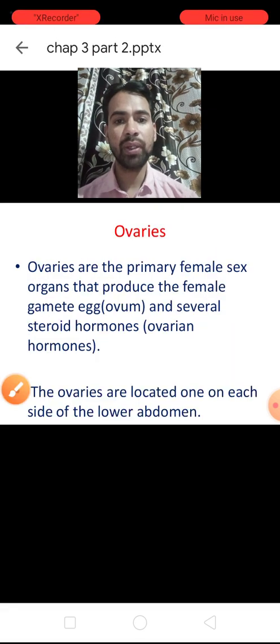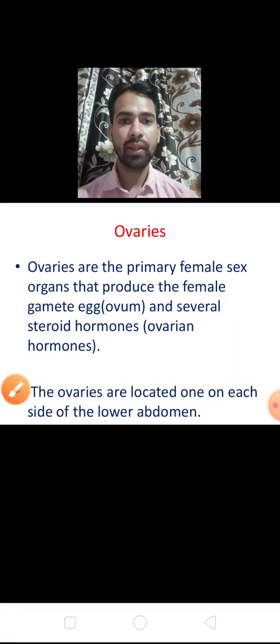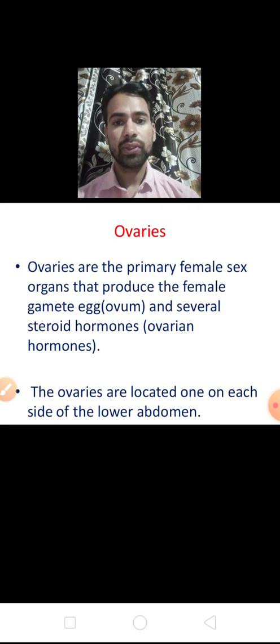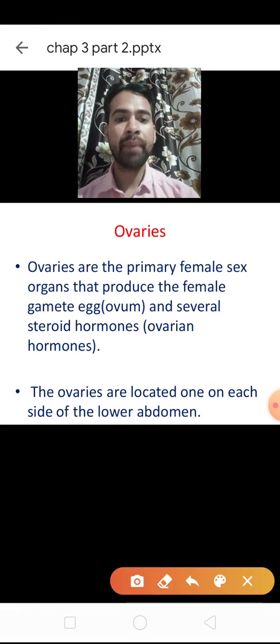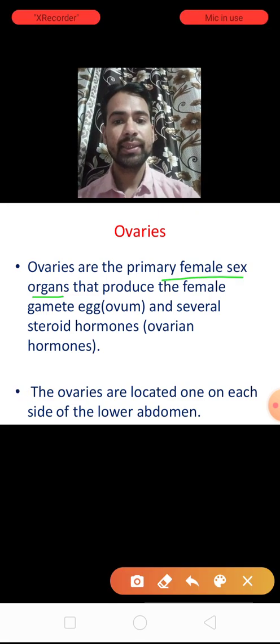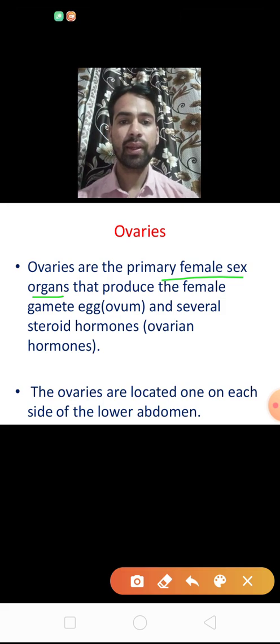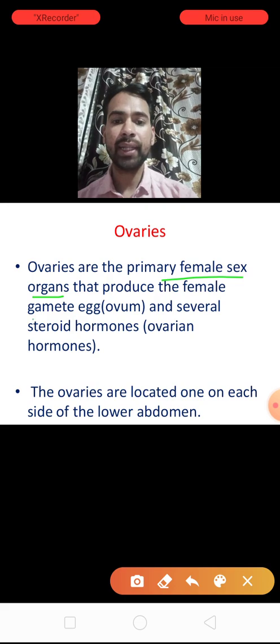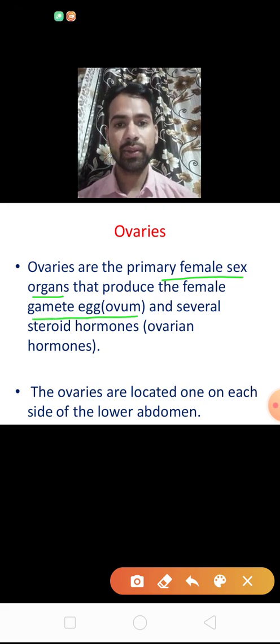Okay, start from the ovaries. So two ovaries are found in the female reproductive system, that is a pair of ovaries. Okay, so the ovaries are the primary female sex organs that produce the female gamete, that is egg or ovum.